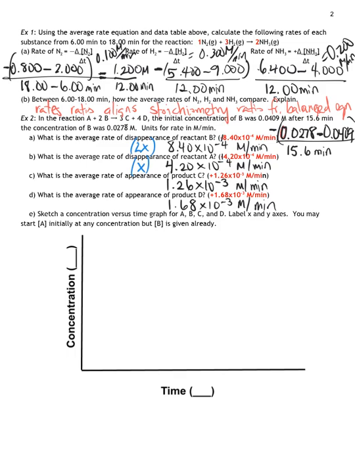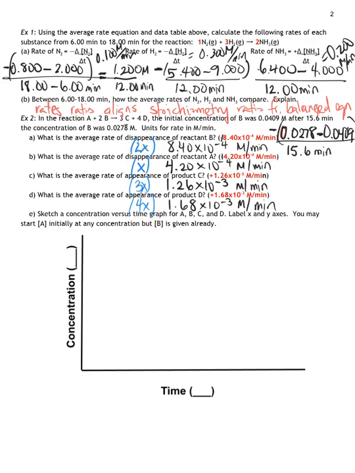And then, of course, C is 3x. And then D is 4x. So you'll notice that the stoichiometry very much aligns with what you are expecting, which is 1 times, twice, 3 times, and 4 times. So if you look at the relationship of the rates, it aligns completely with the stoichiometric proportions.